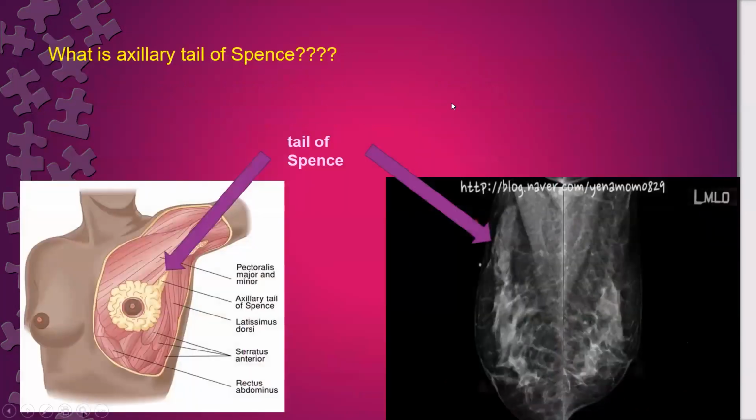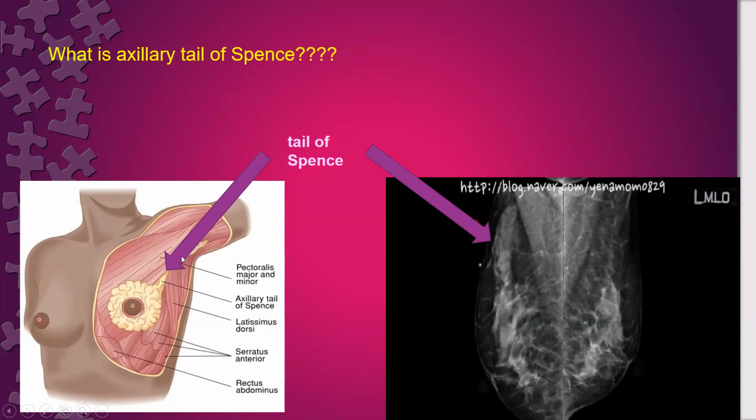And this is important. How can you define the tail of Spence? Hint, or any of you, if you know. This is the anatomy here. You can see this is the parenchyma, our upper outer parenchyma extending into the axilla.